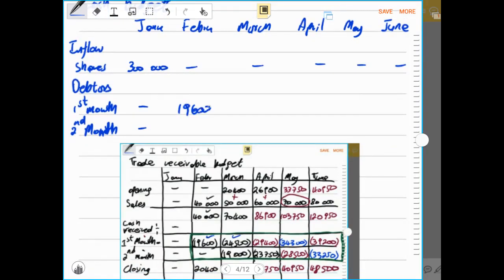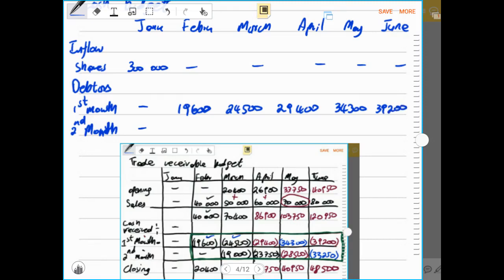In March, for the first month, 24,500. In April, we have 29,400. In May, we have 34,300, and we have also 39,200 in June for the first month.